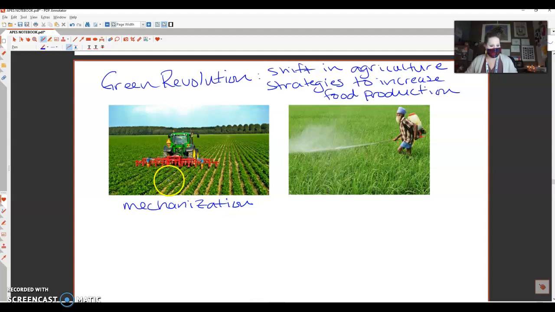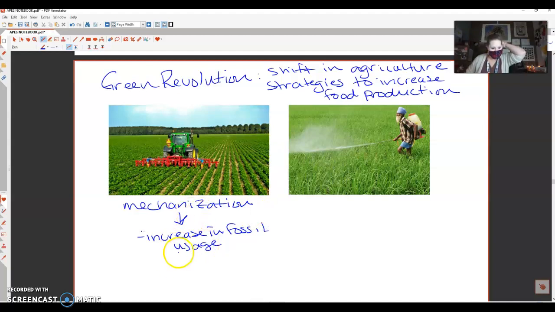Okay, again, using tractors. Now, what this also does is it causes an increase in fossil fuel usage, which is directly tied to climate change.